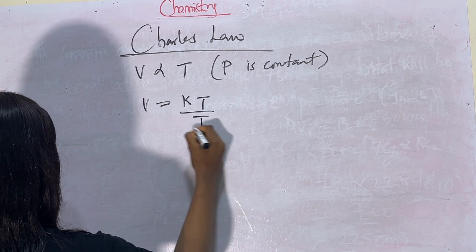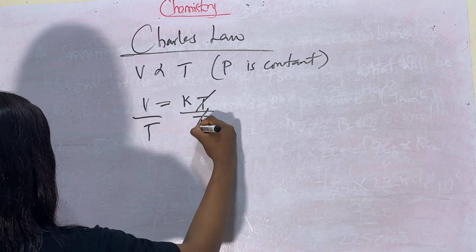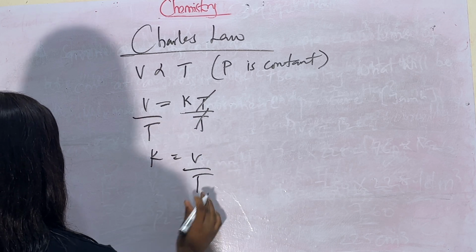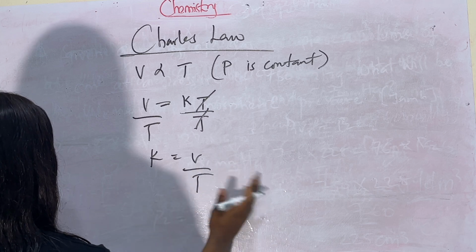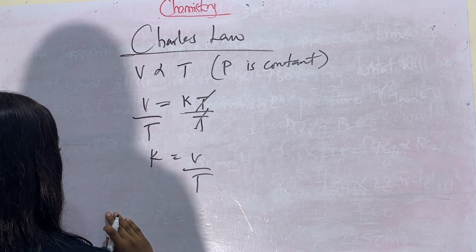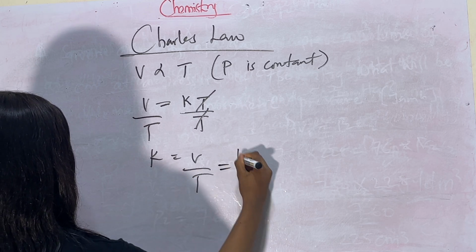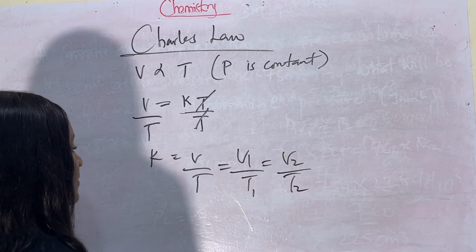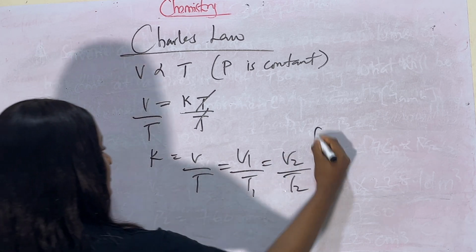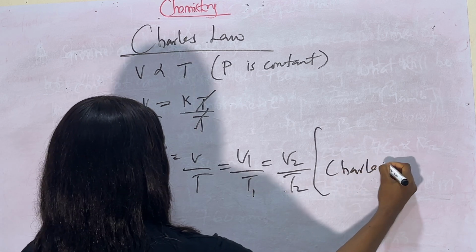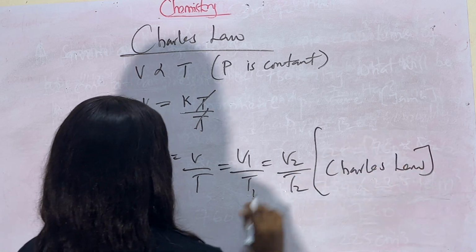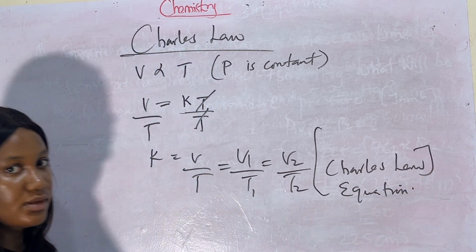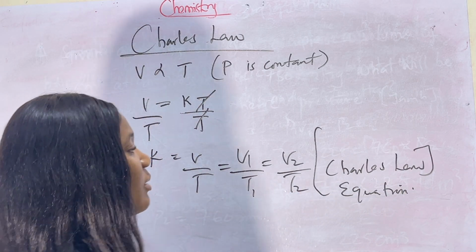T. I'm going to divide both sides by T. So T would go, K is equal to V over T. Now, when comparing gases at two different volumes or two different temperatures, this equation becomes V1 over T1 equal to V2 over T2. This is Charles' law equation. Now, this is pretty much what you need to know about Charles' law.